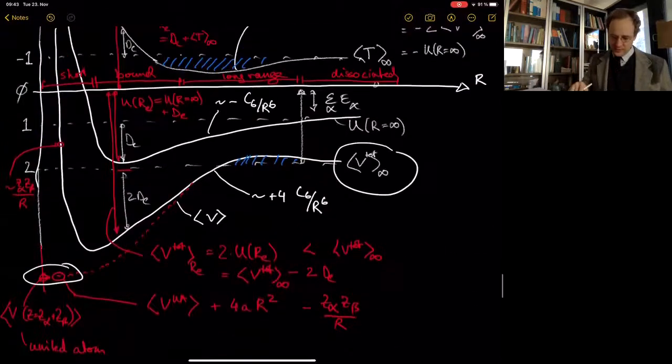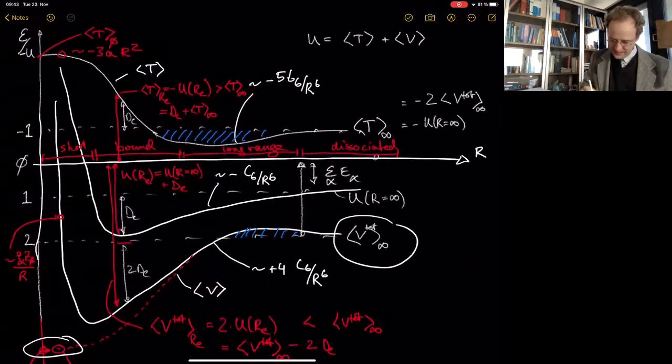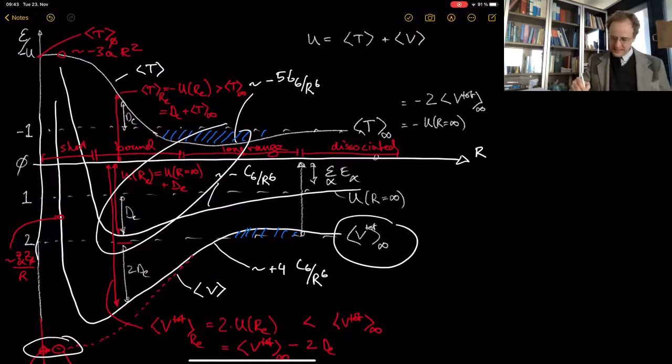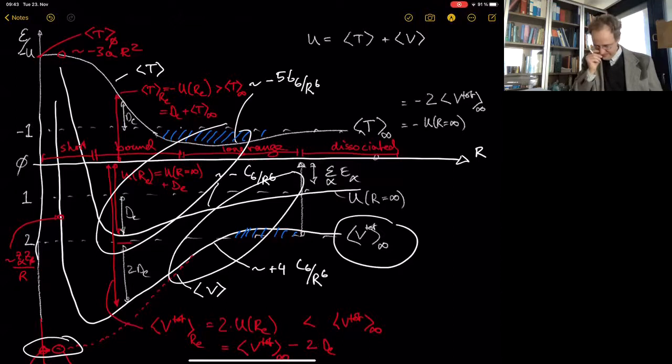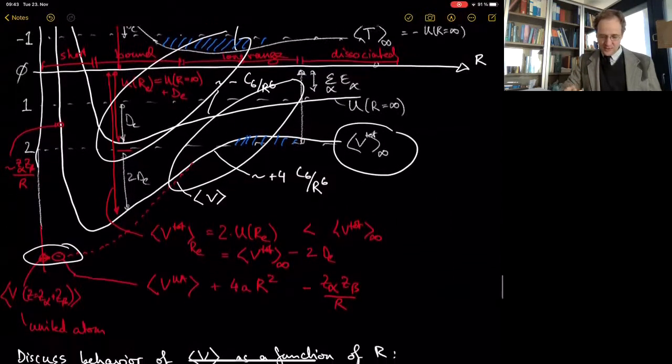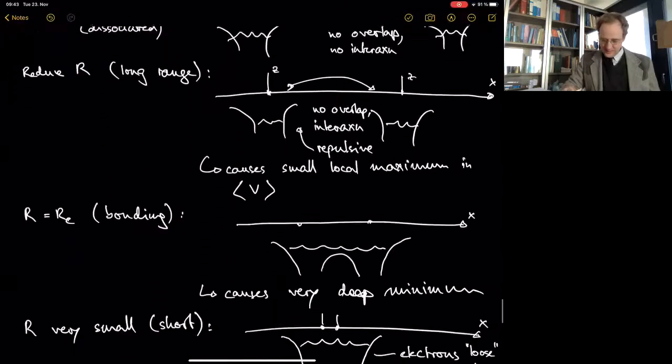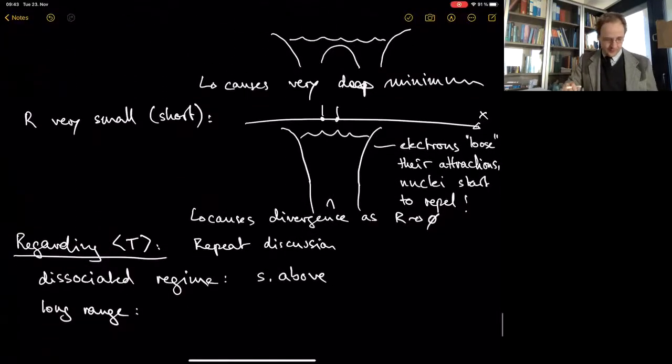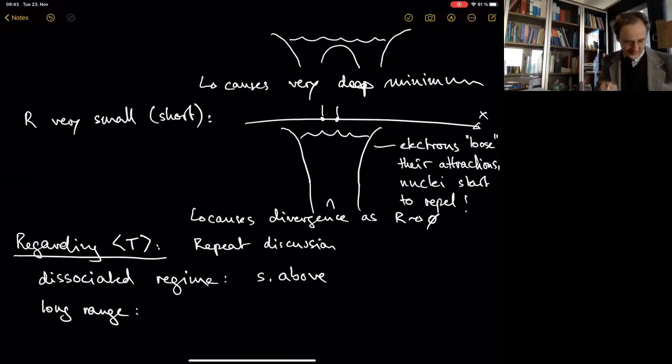So you have to think of this a little bit more like this, right? And here you have the result from the maximum for V. So this minimum region in the kinetic energy you could interpret as something.